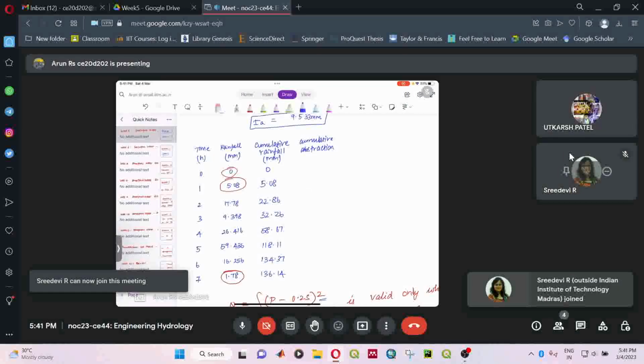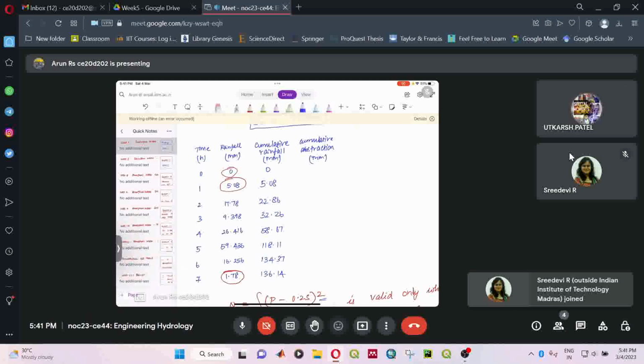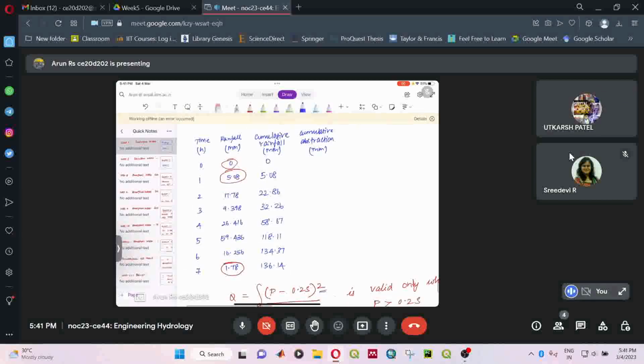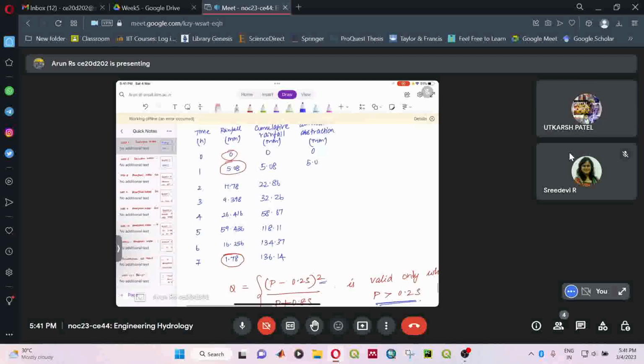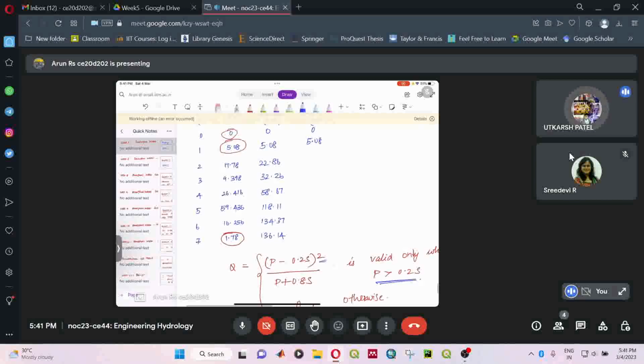So we are going to find out the cumulative abstraction. In the 0th hour, there is no rainfall, so no abstraction. In the first hour, we will have 5.08. Whatever rainfall is happening will be equal to your abstraction, the cumulative rainfall.